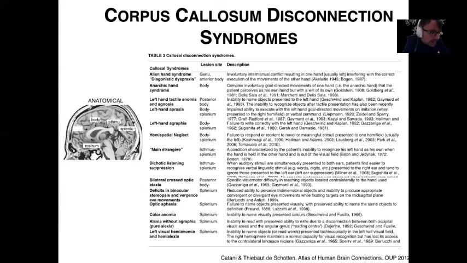But if you disconnect the entire corpus callosum, some patients end up with what we call alien hand syndrome, which is involuntary intermanual conflict resulting in one hand interfering with the correct action.